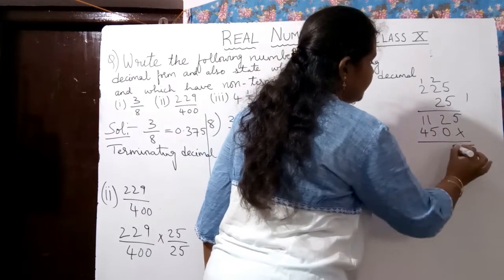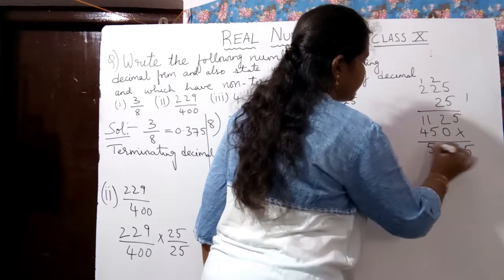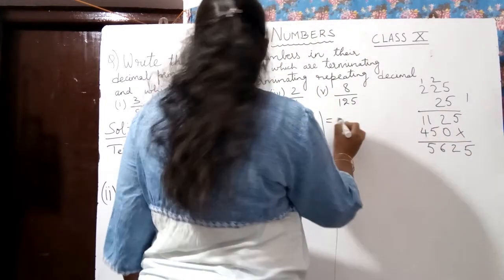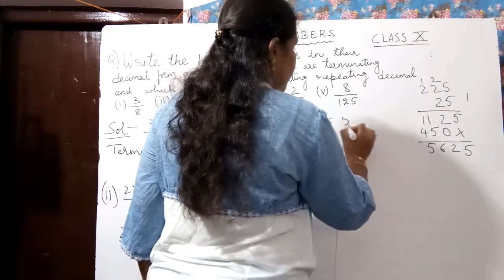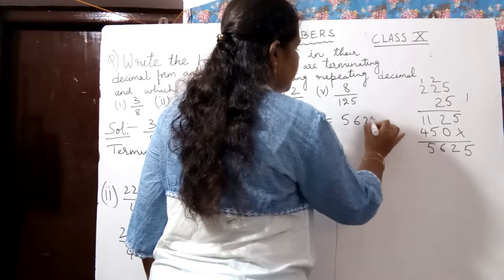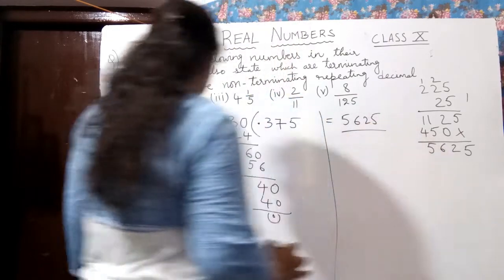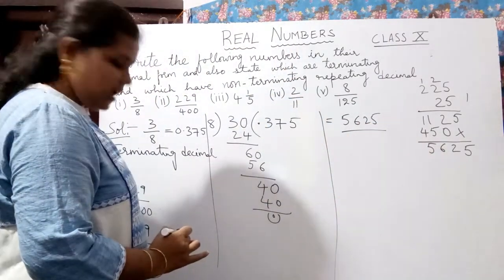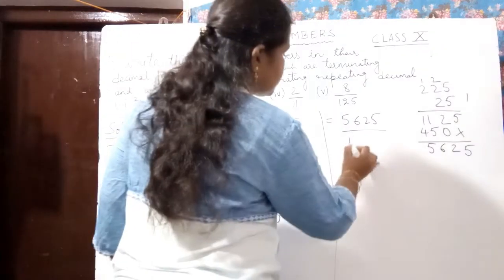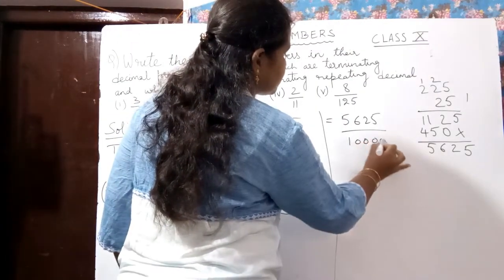So this is 5, 7, 2, 5. So we will get 5,725 by 25 fours is 100 and 2 zeros here. So I will get 100 and 2 zeros.